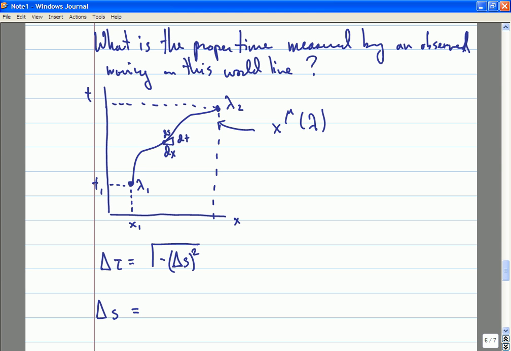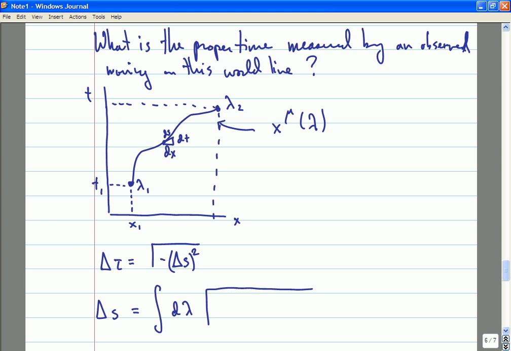So delta s then will be given by an integral, and it will have to be an integral over lambda, since everything depends on lambda. And it will just be the integral of the invariant length over lambda, where we treat the observer as moving at constant velocity at any given instant, and then integrate that expression for the invariant interval over lambda.